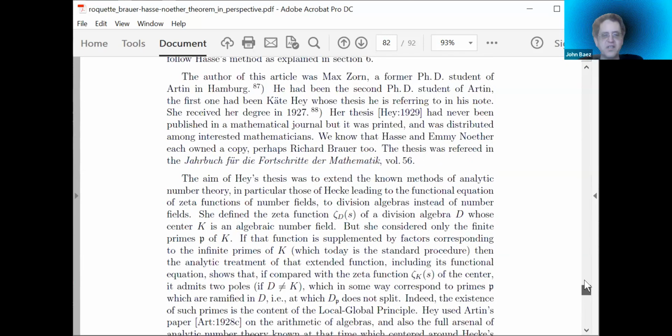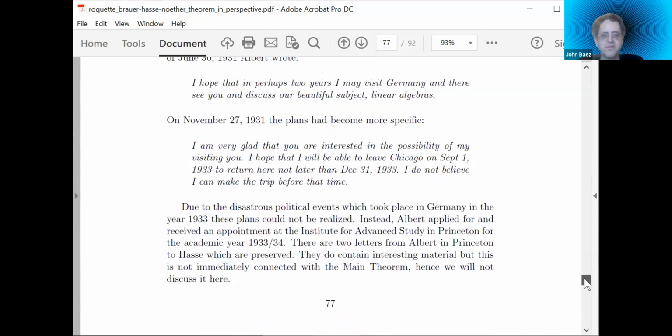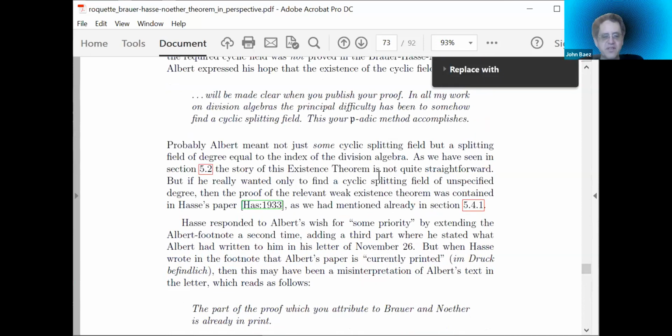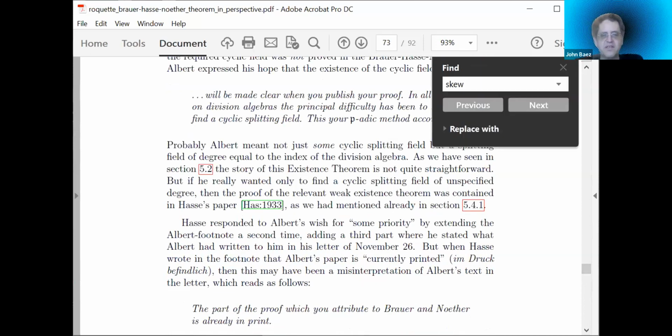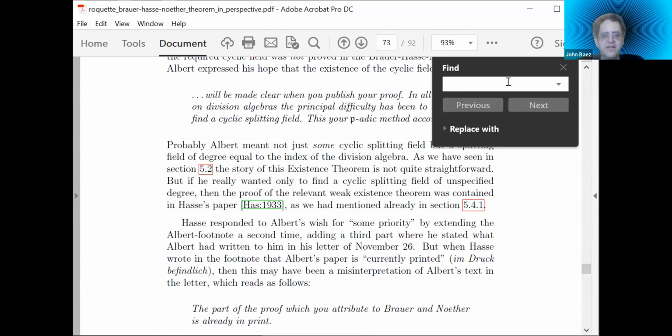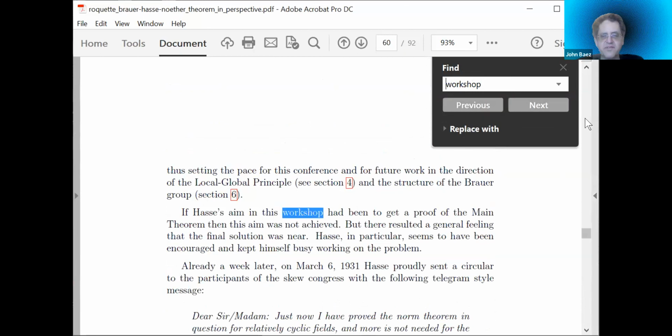It gets really deeply into the details of how these people figured stuff out. They had a little conference, a little workshop, to work on this stuff.